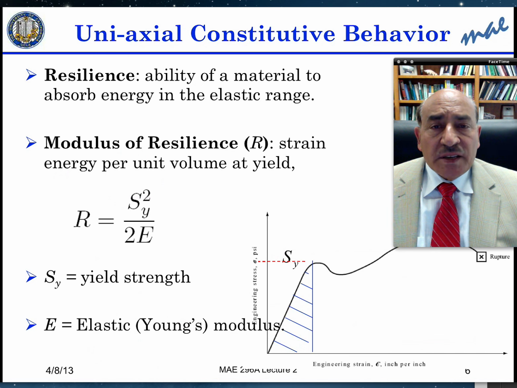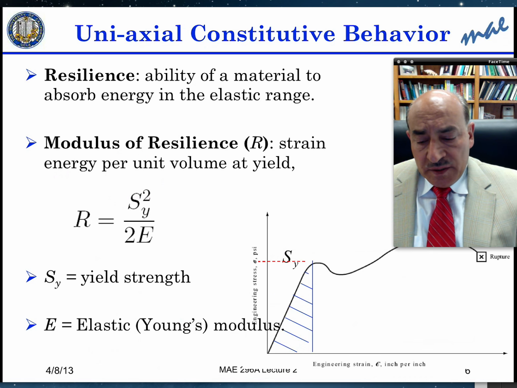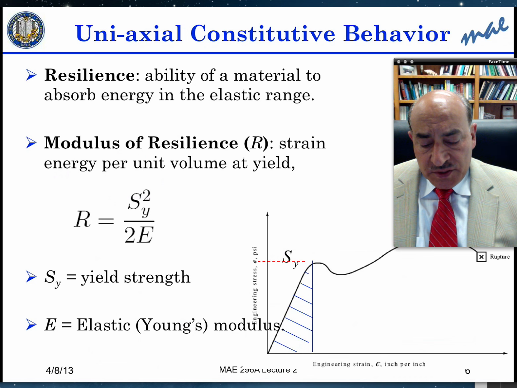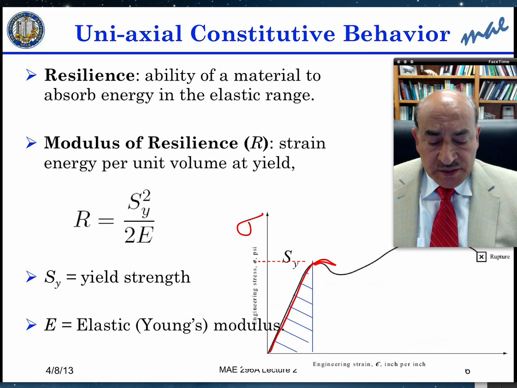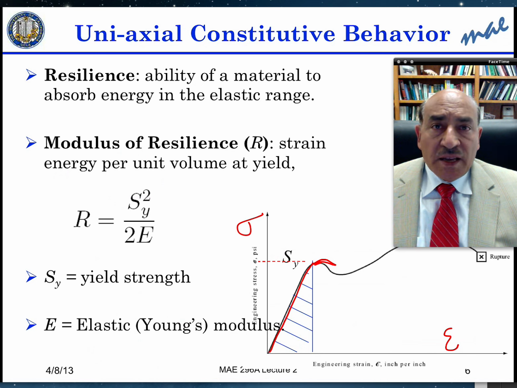Next, if we pull the bar, it will go through the elastic range of deformation first, which is right here, and then it will undergo yielding. If this is the stress and this is the strain, then you will have a yield, which means that you get a lot of deformation for very little increase in the applied stress, and then you get hardening, which is this range here.